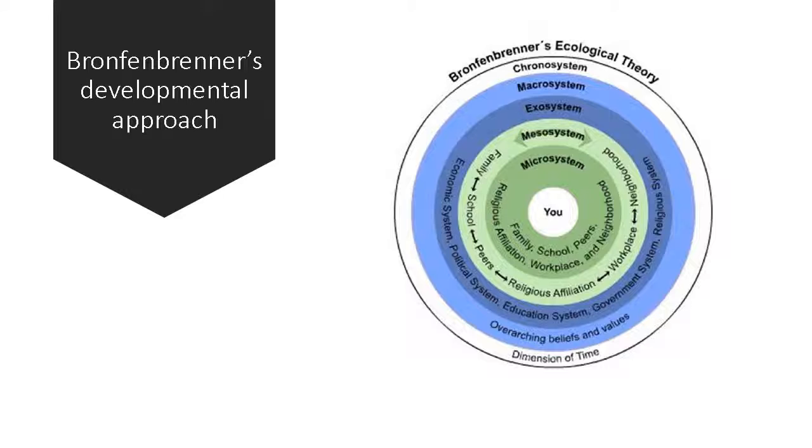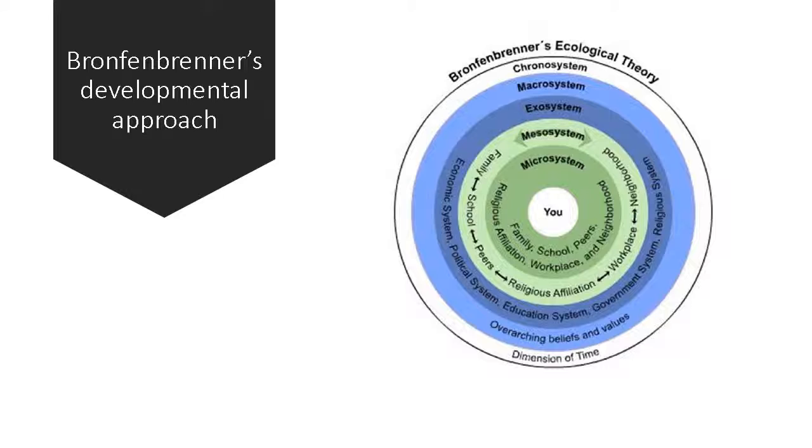His 1977 and 1979 articles describe the first wave of his theory, which was later expanded. According to Bronfenbrenner, the development of individuals needs to be understood within the context of environmental systems which they are part of.